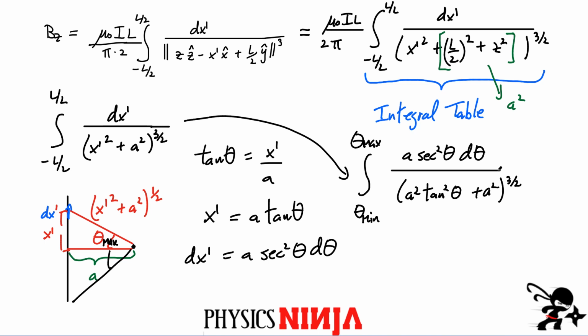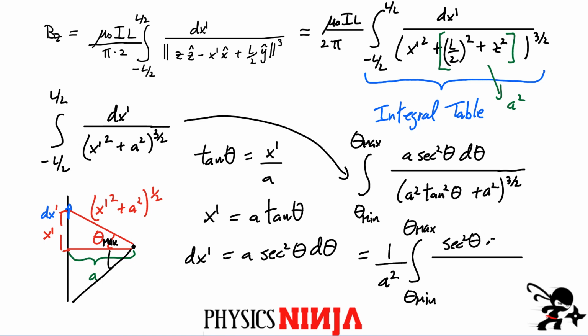Oh boy, you have to do about a week's worth of algebra, but this is what it ends up being. The nice thing is you can take out a from this bracket. It becomes a cubed, so you have a at the top and a cubed at the bottom. So it becomes 1 over a squared, and this integral from theta min to theta max has secant squared theta d theta.